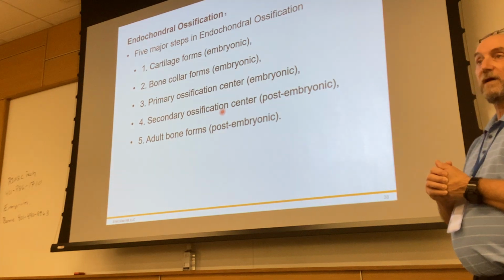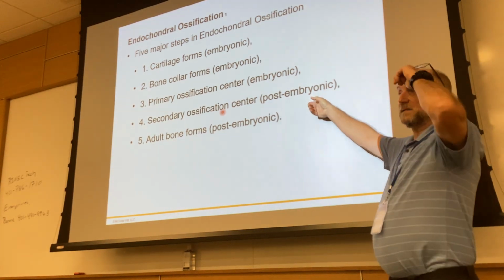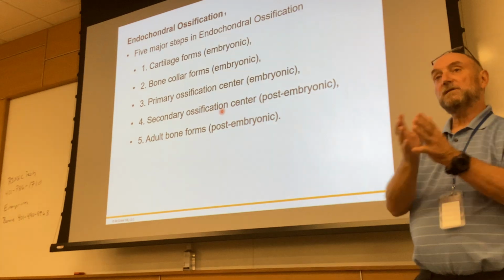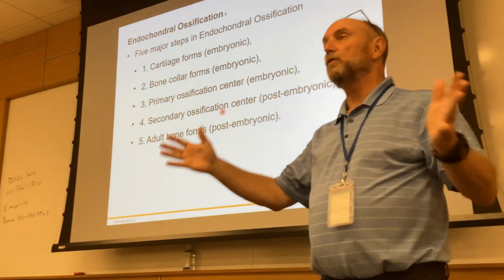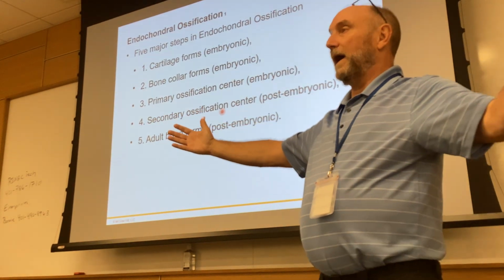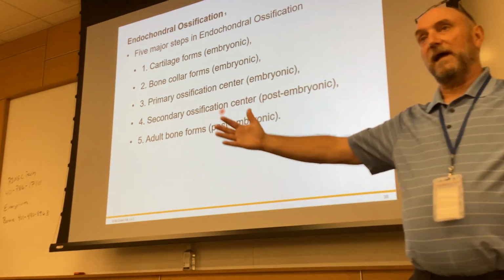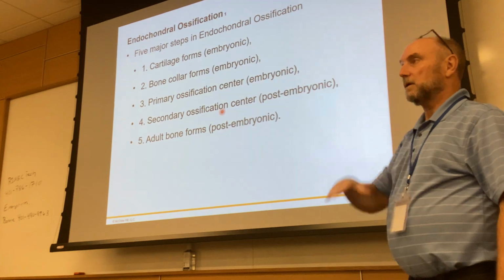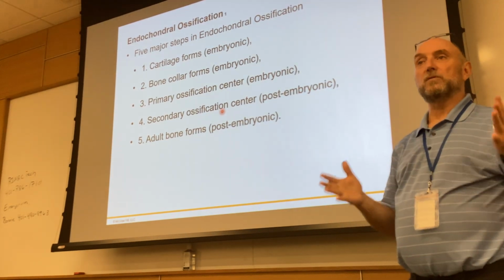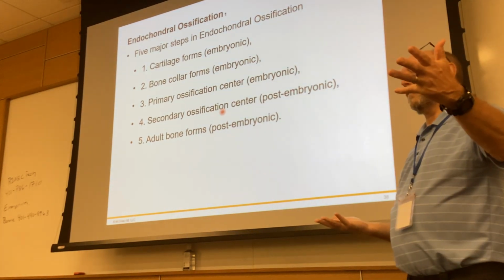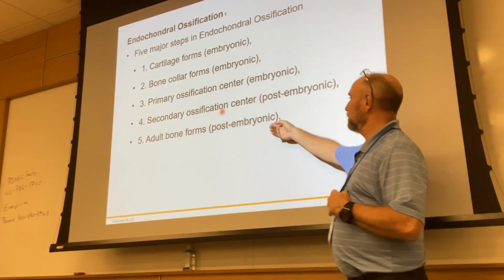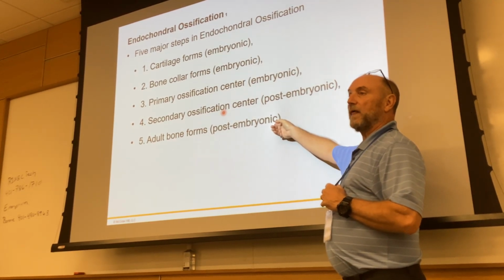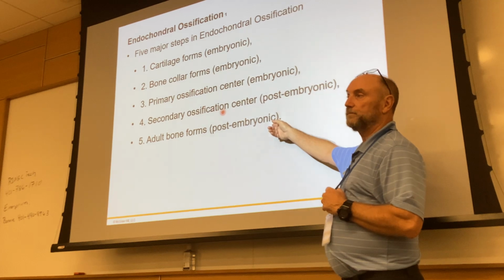The secondary ossification center, you see it says post-embryonic, continues to change, to move, to extend, and as that extends and grows longer and longer, that bone ultimately ossifies, and then the long bone growth stops, and your body stops growing in height. So that is when your adult bones form.